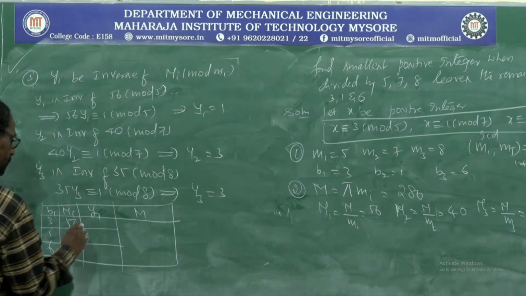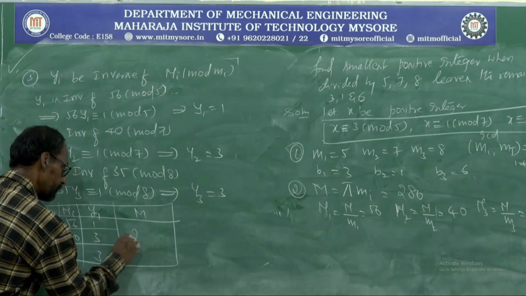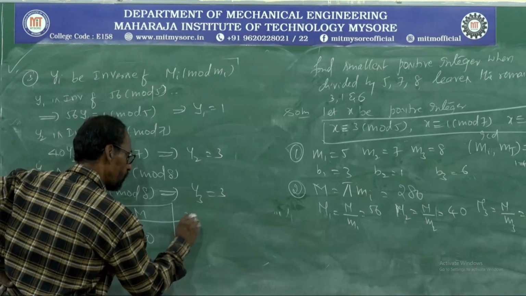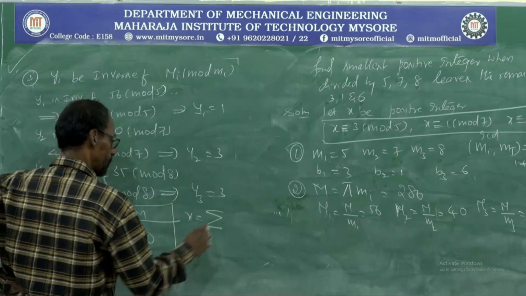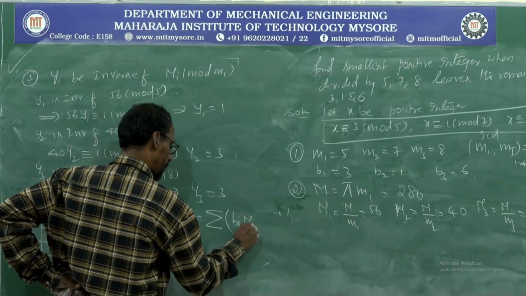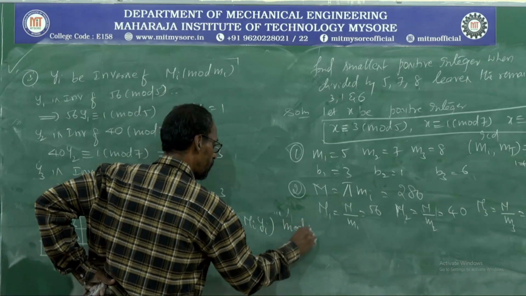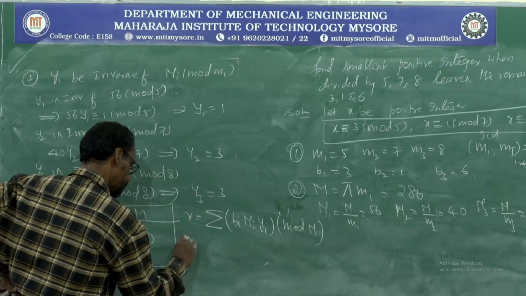What is the y value? It is 1, 3, 3. What is the capital M value? Capital M value is 280. Therefore, my x is the summation of bi, capital Mi, small yi under modulo capital M.